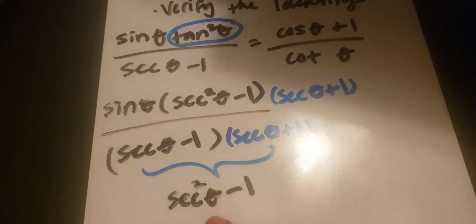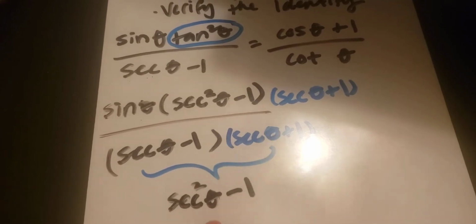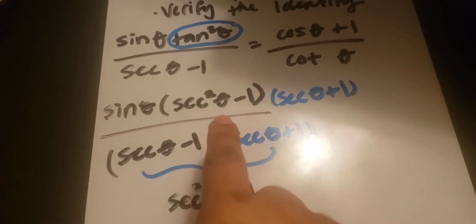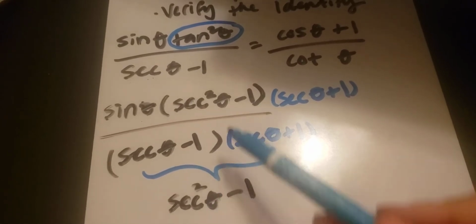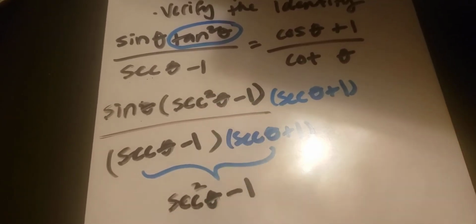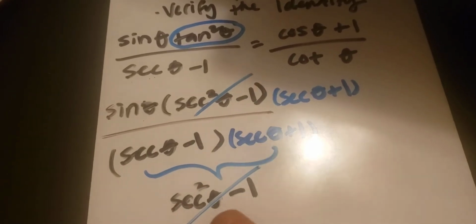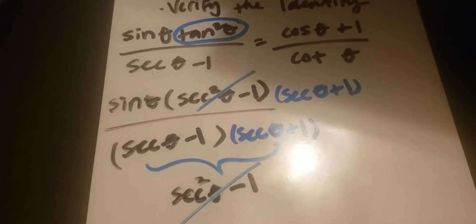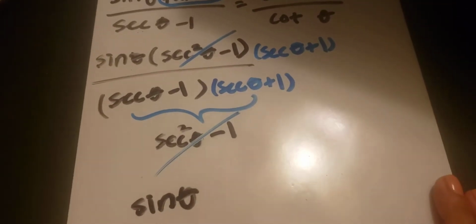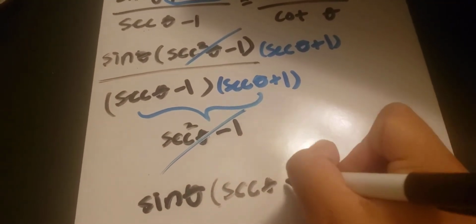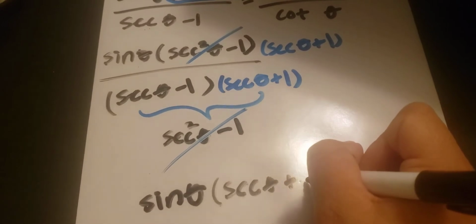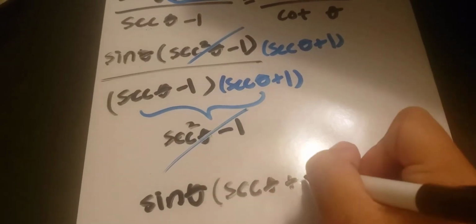If you notice, we have secant squared theta minus 1 in the numerator as well, so they will cancel each other out. So this will cancel and that will cancel. Now we're left with just sine theta, because this is going to be 1 since it's simplified. So sine theta times secant theta plus 1.